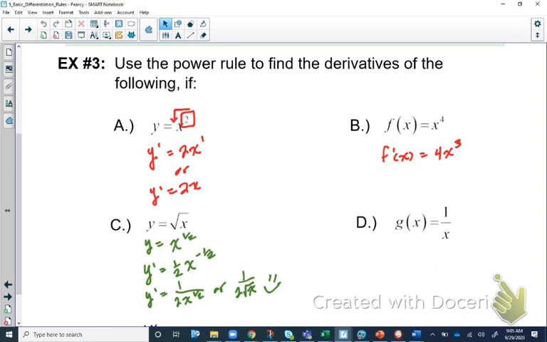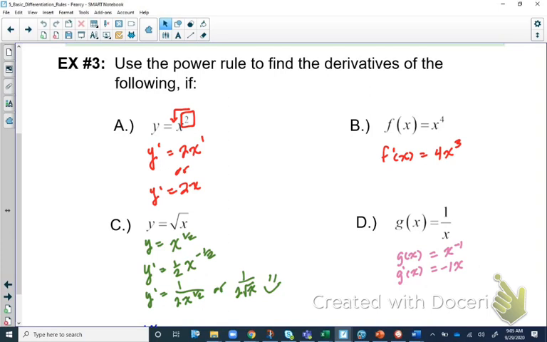Okay, so here I can take the function g of x, and using my properties of exponents, I can move the x to the numerator with a negative exponent. And now we can apply the power rule. So here I'm going to say g prime of x, multiply the exponent to the coefficient, which will give me negative 1 times x, or just negative x if you prefer.